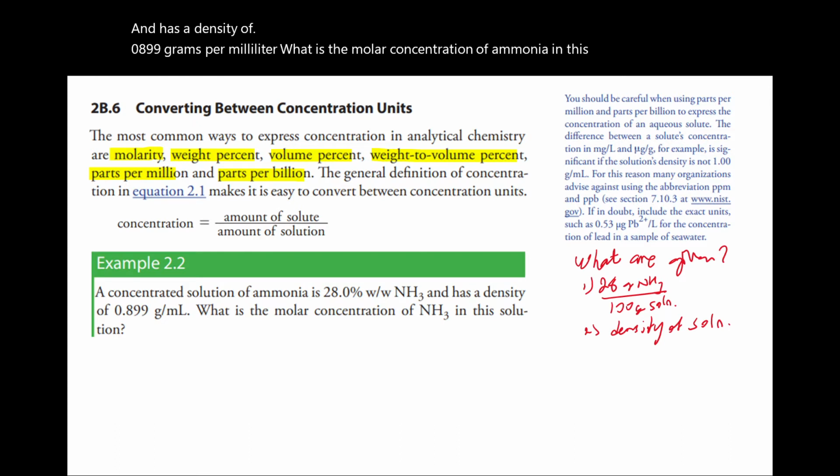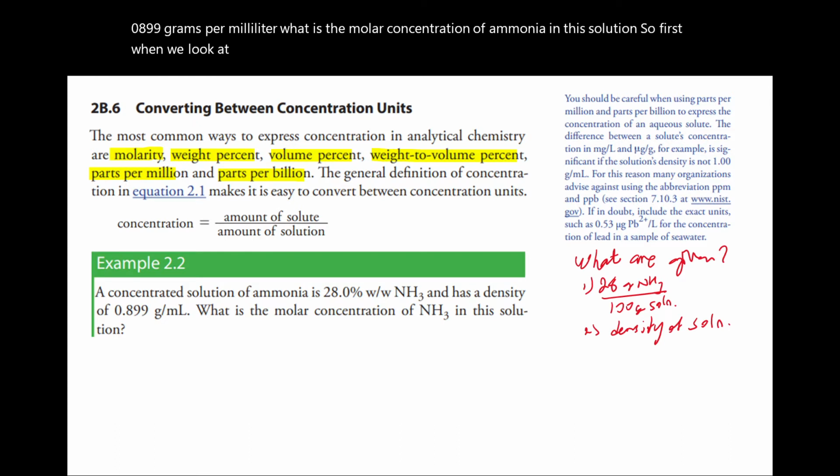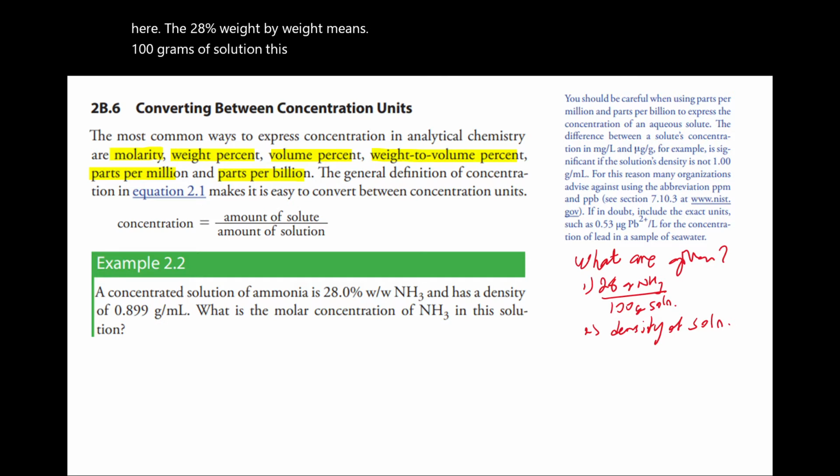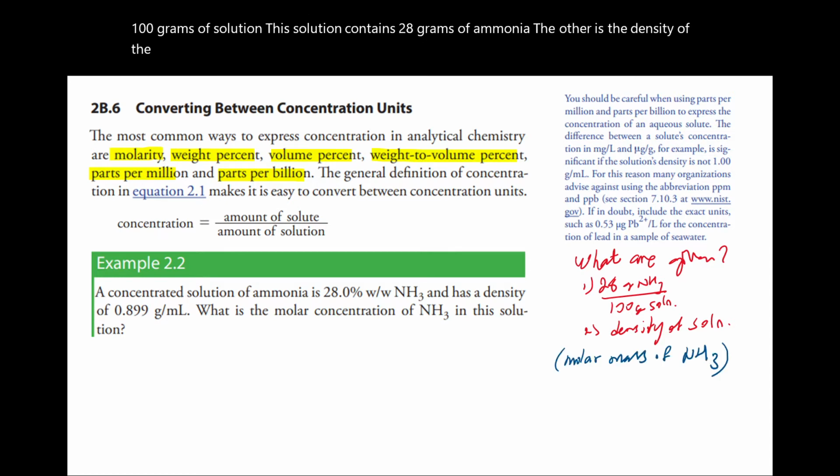What is the molar concentration of ammonia in this solution? So first, we will look at what is given in this question. There are two numbers here. The 28% weight by weight means 100 grams of solution contains 28 grams of ammonia. The other is the density of the solution. And also, whenever we deal with molar concentrations, we usually need the molar mass of the chemical, in this case the ammonia.